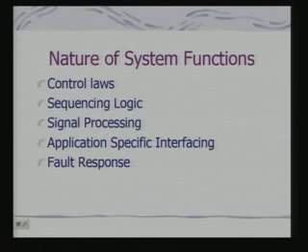Next thing is application specific interfacing, because application will tell us what kind of sensors and what kind of actuators to be interconnected, and accordingly we should have that interfacing. This interfacing implies both hardware as well as software.